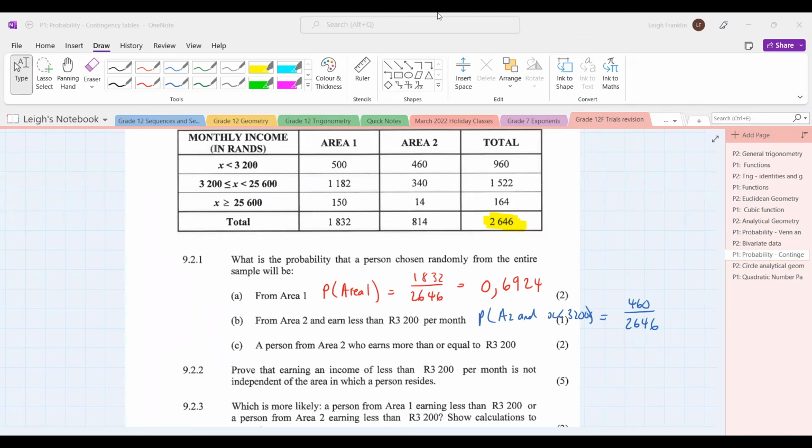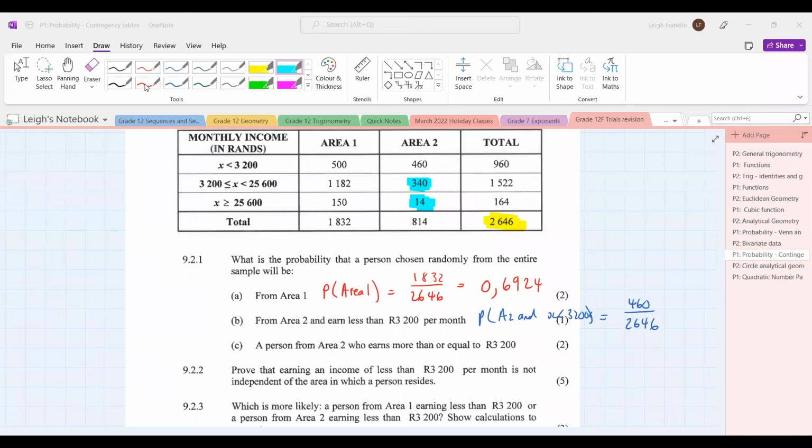So it's 2 cells added together, because the people from area 2 that earn more than or equal to 3,200 Rand, it's these people over here, yes, but it's also these people over here. Does that make sense to you?